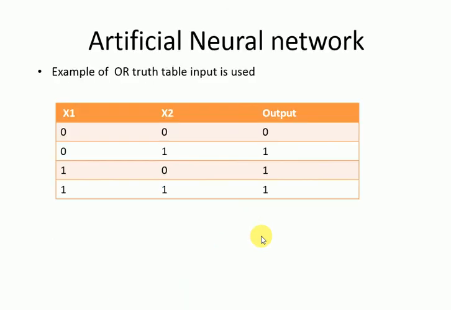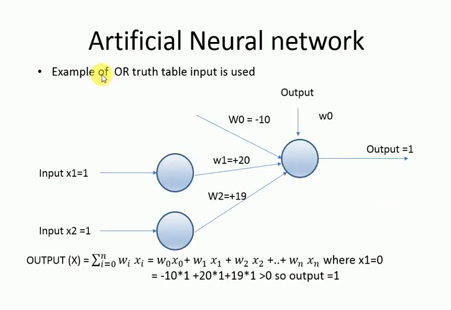Now let us consider OR and its truth table, where 0 0 is 0, 0 1 is 1, 1 0 is 1, and 1 1 is 1. If the input is 1 and 1, and the threshold is minus 10, the sigma should be more than 10, so that it becomes 0 if it is plus 10.